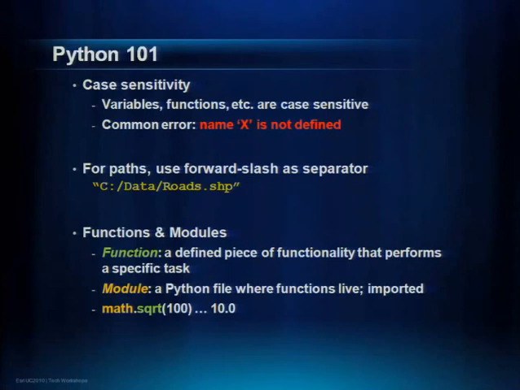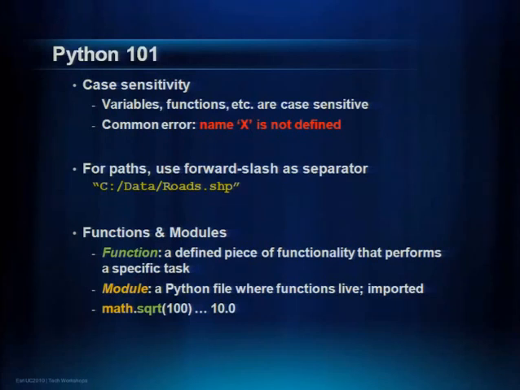Now, two important pieces that you can think of in Python are functions and modules. A function you can think of just as a tool. It's a defined piece of functionality that will perform some specific task. A module is a Python file where functions live.